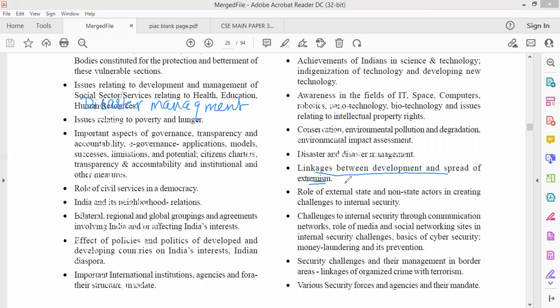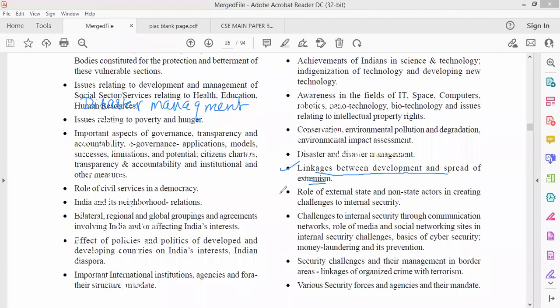That extremism may take the form of regionalism, and it can lead to extremist actions also. So these are the linkages that we can talk about.